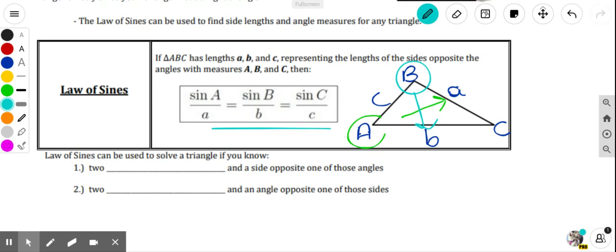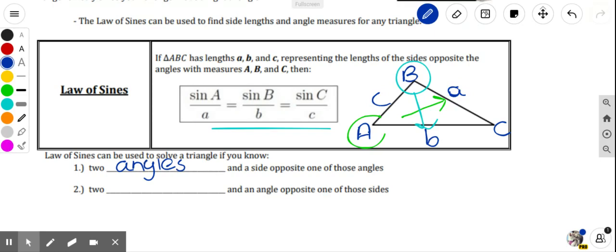Okay, so there are 2 scenarios when you would use law of sines. The first one is if you are given 2 angles and a side opposite one of those angles. So 2 angles and a side.